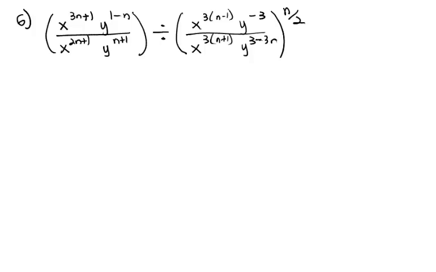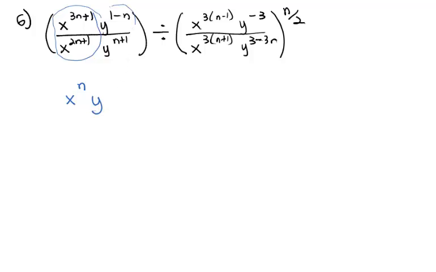This is a great problem, mixing together lots of different exponent rules. Let's start with the first one and the x's. When we subtract exponents, because it's division, we get x to the 3n minus 2n is 1n, and 1 minus 1 is 0.